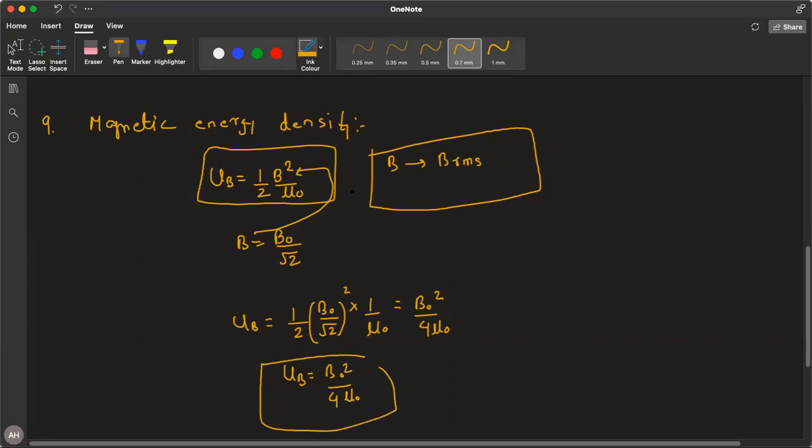So you should remember this. If you are using half B square by mu naught, that means you are using the RMS value.